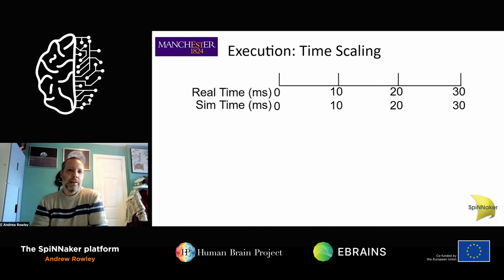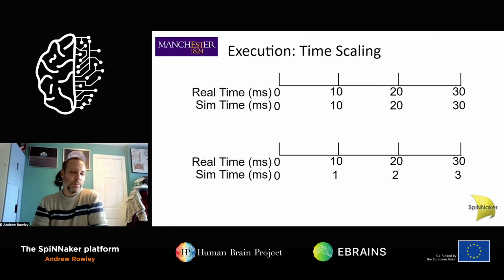SpiNNaker does allow simulation to run in real time. That's the whole aim of SpiNNaker. But if you have to, for reasons of complexity, you can actually slow down the simulation with respect to real time. For example, with these split synapse and neuron models, which help you run in real time.